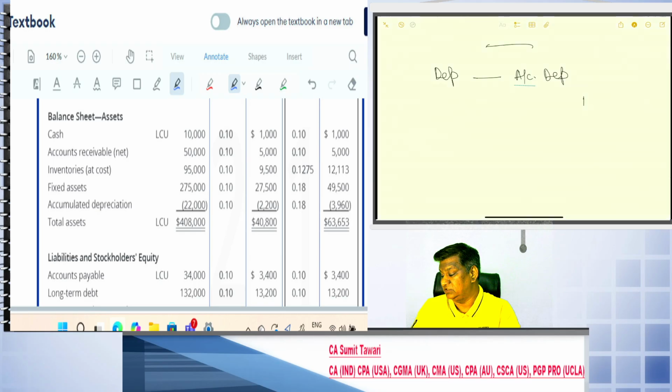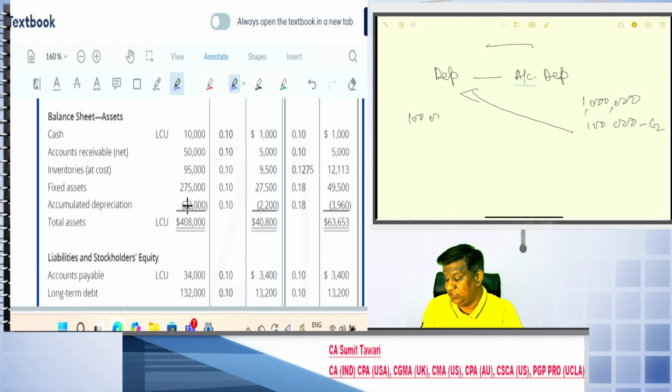Say I buy a fixed asset for 1 million and consider 10% as the depreciation rate, so it is basically 100,000. One side I need to credit in accumulated depreciation, which you can see in the balance sheet given as a negative, and the other is the depreciation expense.